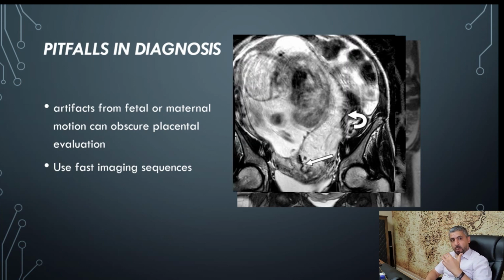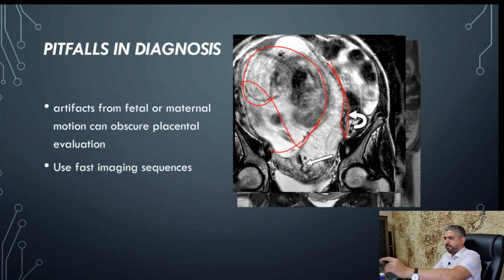Here is a more remarkable example. You can see the large motion artifact caused by the fetal movement, and it causes the irregularity in the placental and uterine junction or interface to be less appreciated, and you can see it's placenta previa and possibly invading the urinary bladder. However, the presence of motion artifact makes it not very well appreciated.